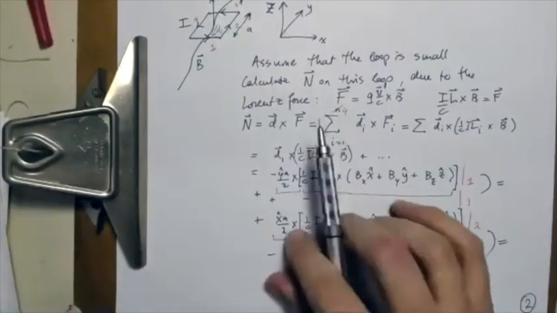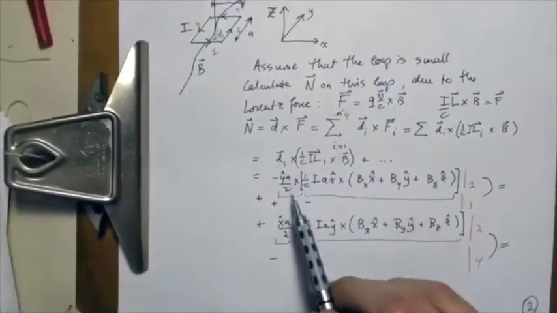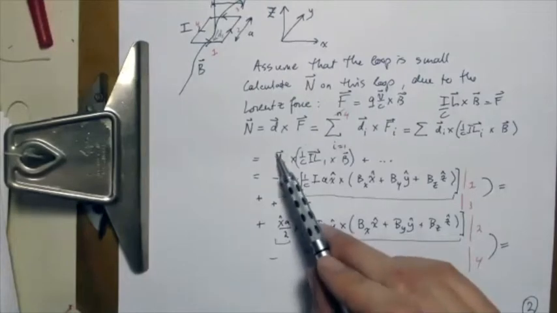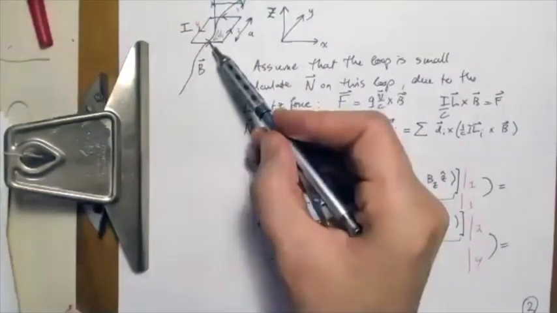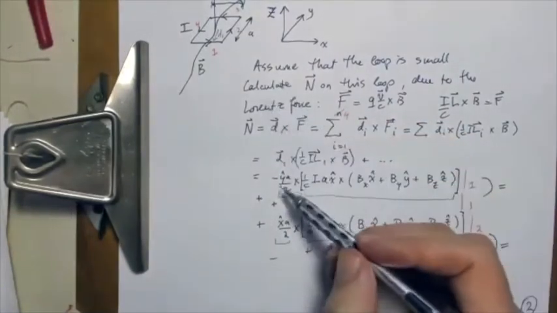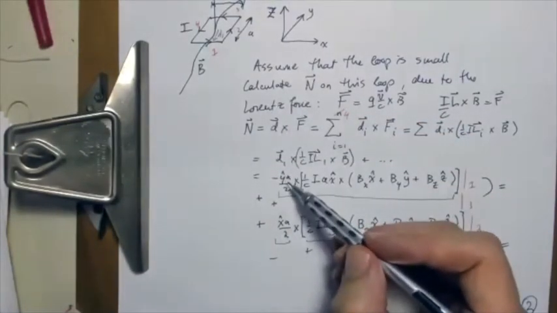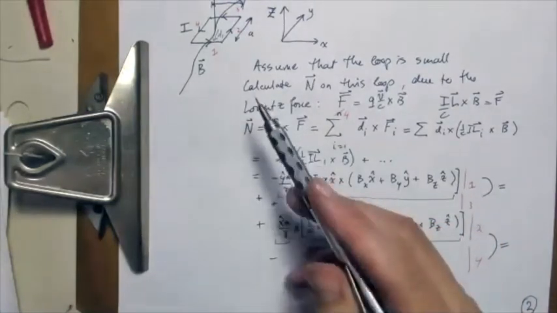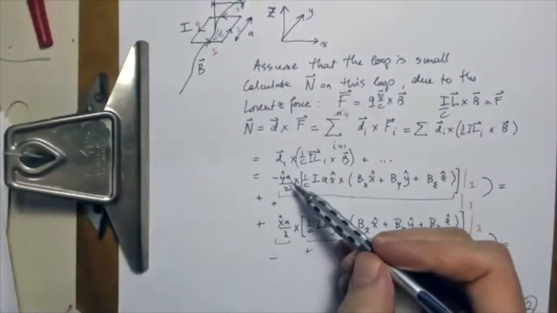So we're going to get 4 terms. All right, first one, D1 is this one. That's pointing from here to there. In this coordinate system, that means it's pointing in the -y direction. So that's -y hat, and it's got a length of a/2 because the size of this loop is a.